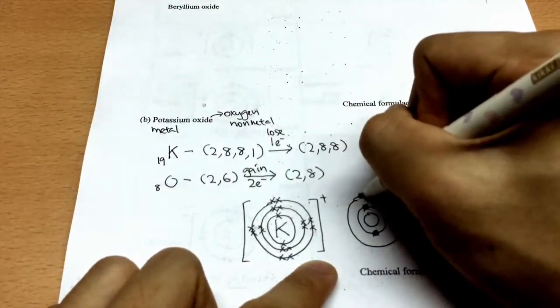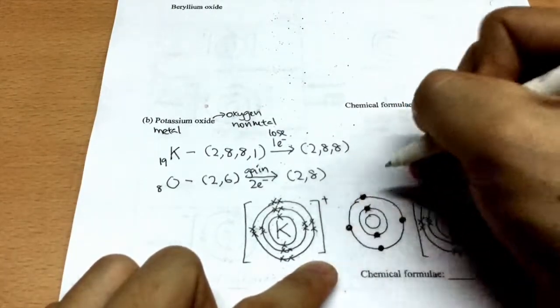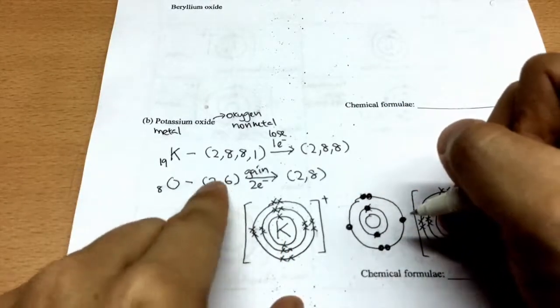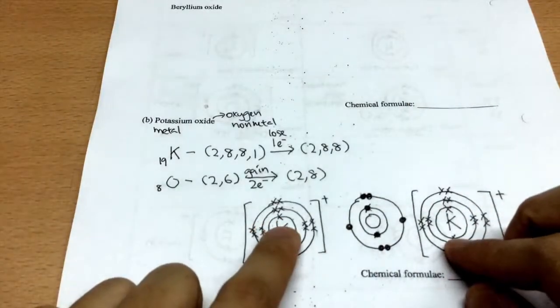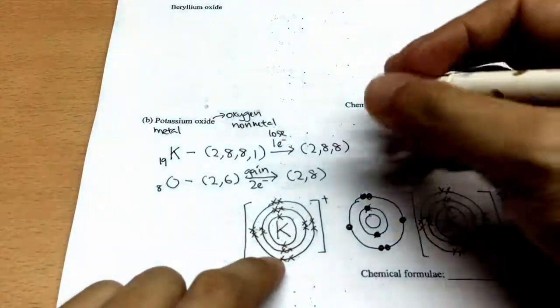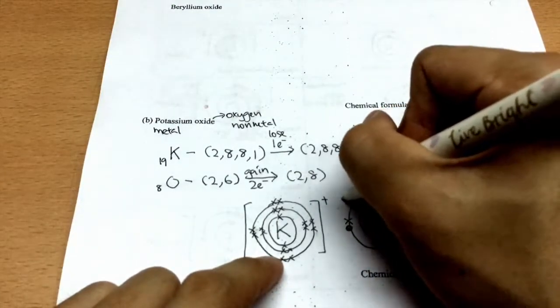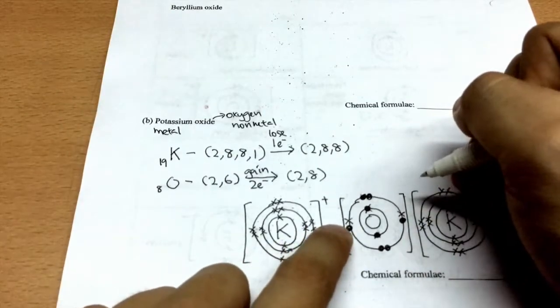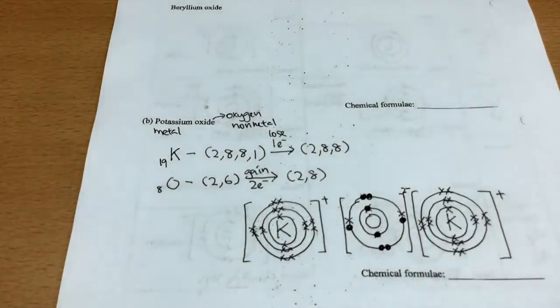So the original oxygen will have 6 outer electrons, leaving a total of 6 valence electrons. It will gain 2 electrons, 1 each from each potassium atom. We will represent this with crosses. Ions will need to have the square brackets and the charge. In this case, it gains 2 electrons, so it should be a 2 minus charge.